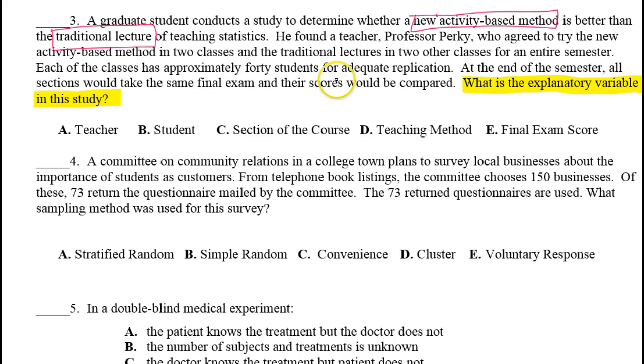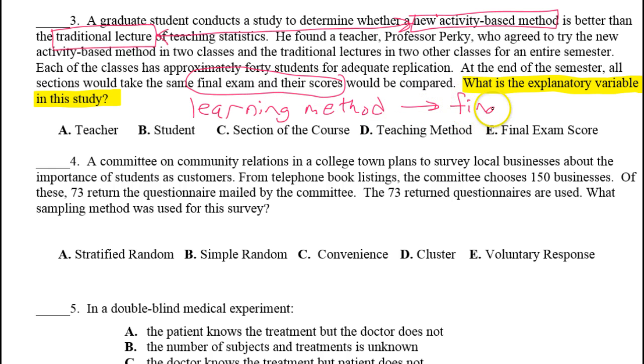So we've got the final exam scores as one of the variables, and you know, whichever learning method was used, all right, that's the other variable. So the learning method, and we're trying to see how that will affect their final exam scores.